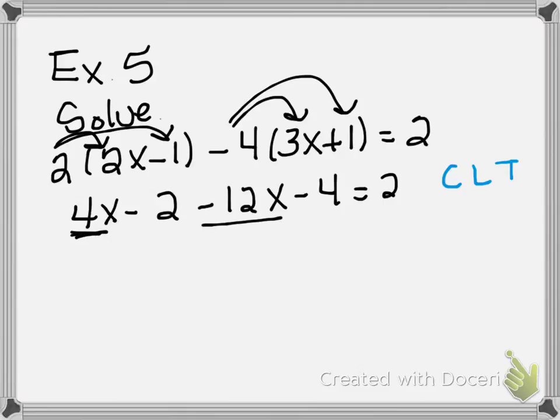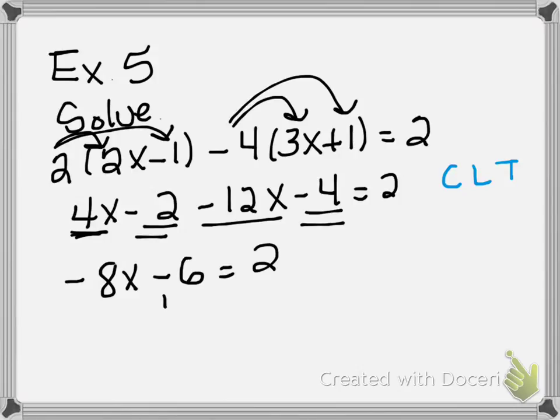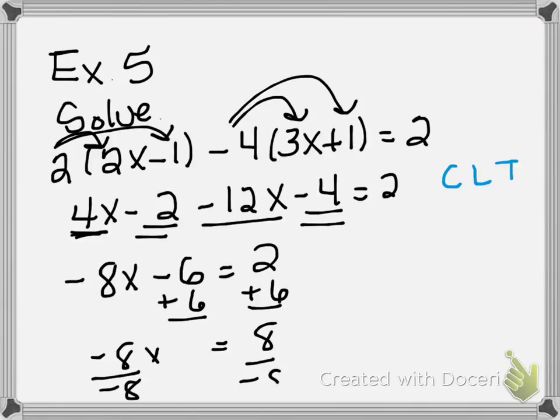It would be negative 8x minus 2, negative 4, however we want to think about that. You're going to have minus 6. Add 6 to both sides. Negative 8x is equal to 8. Divide both sides by negative 8. X is equal to negative 1.